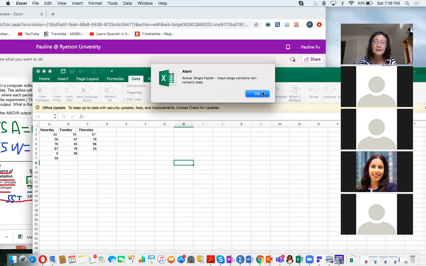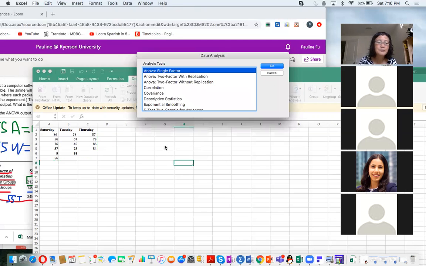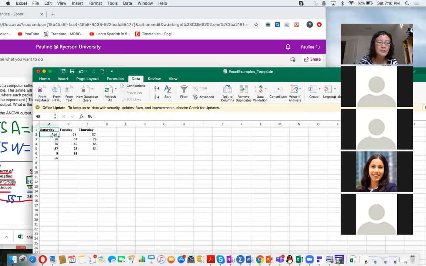Input range contains non-numerical data. Maybe because of the data I copied from my OneNote, I will manually type in the numbers here.